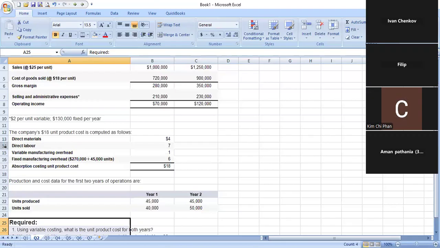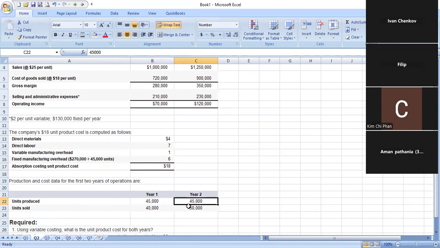The company's $18 unit product cost is computed by having direct material, direct labor, variable overhead, fixed manufacturing overhead. That's absorption costing. Now, production and cost data for the first 2 years of operation: units of production 45, 45.